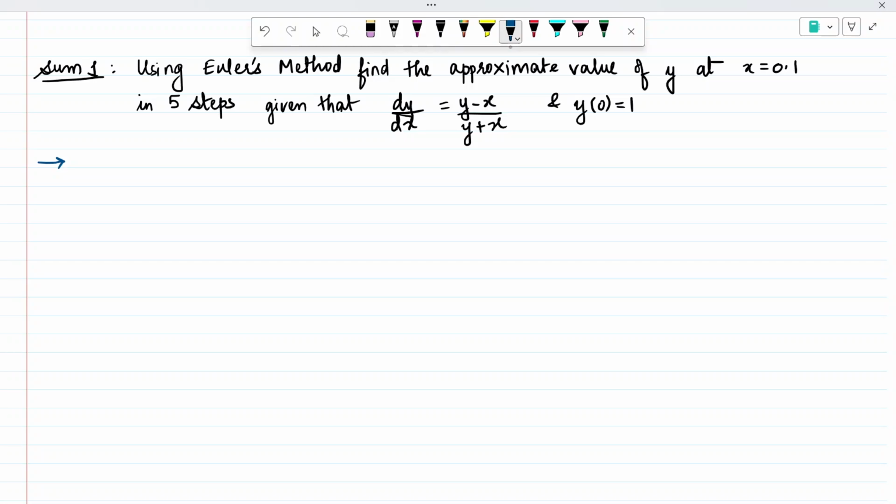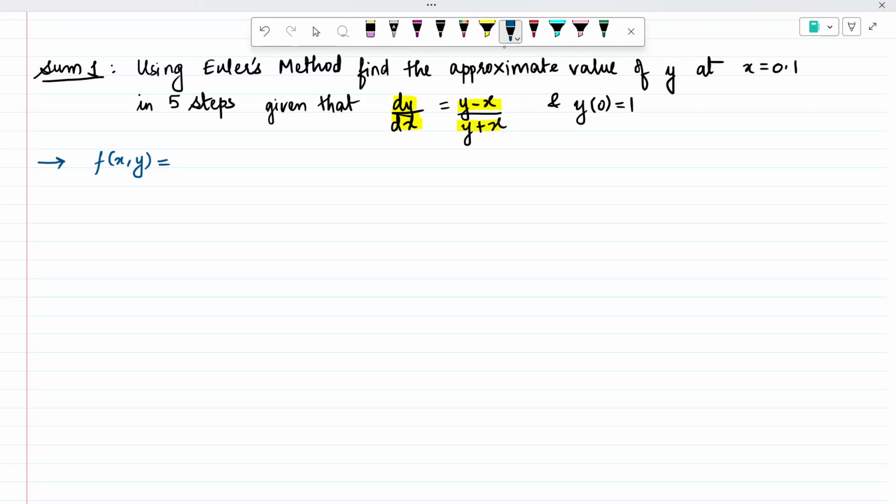Okay. Now let's understand this question first. Let's see what all is given. We'll use them and then we'll apply the formula that is expected over here. When the question gives me dy by dx is equal to this, f of x comma y is directly given. Is that correct? What is f of x comma y?